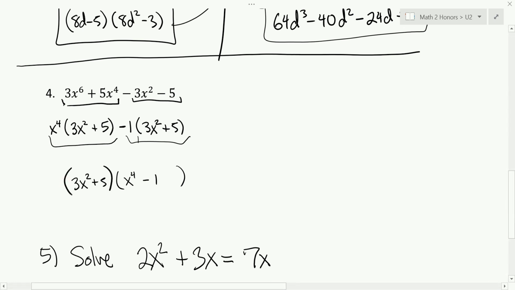So please make sure you have parentheses around this piece here. Otherwise, it will be marked wrong. So you want to get in that habit. When we check this, I'm going to do it pretty quickly. Distribute.